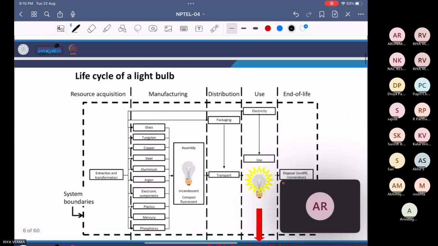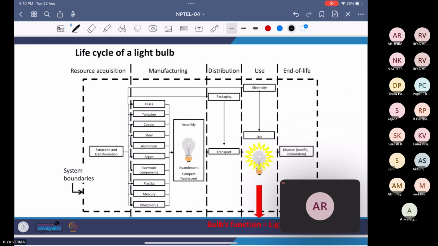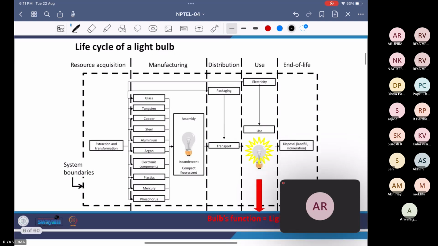So now coming back to the life cycle of a light bulb. First we have the stage of resource acquisition, in which extraction and transformation take place. After that we have the manufacturing stage, where the materials used in forming the incandescent bulb or the CFL bulb are glass, tungsten, copper, steel, aluminium, argon, and electronic components.